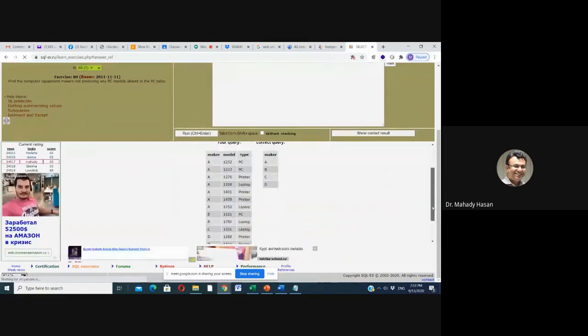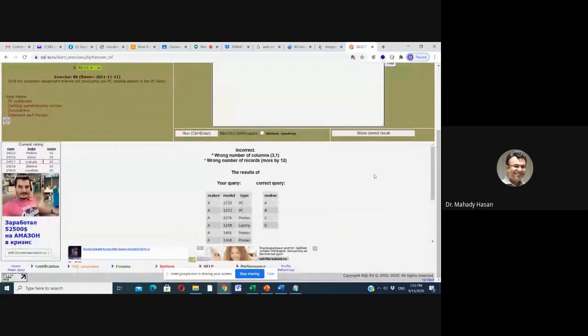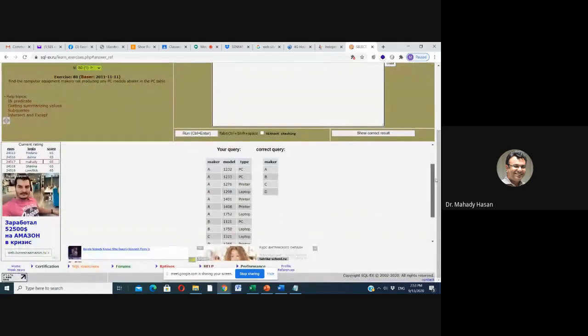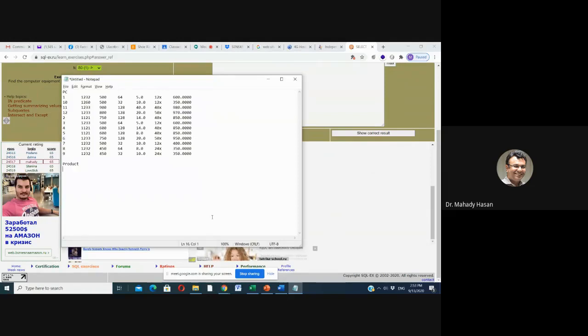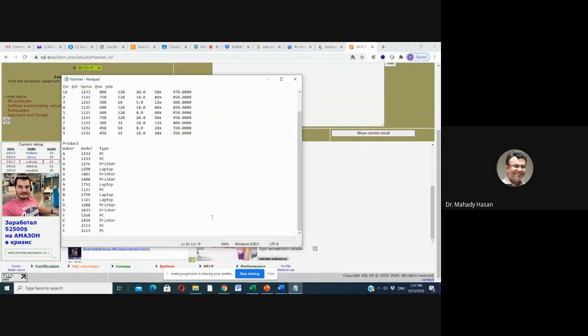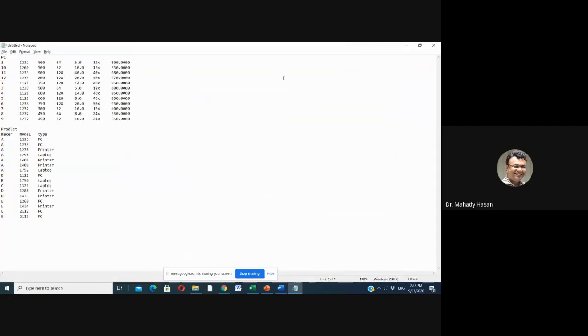So this is what I have from product: maker, model, and type. Okay, so these are the two different tables. Make sense? Now let's see what is common between these two.